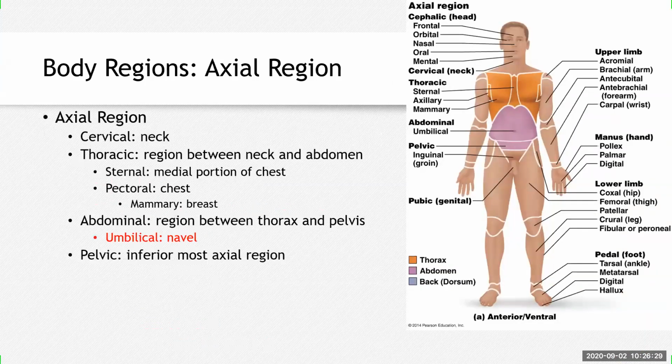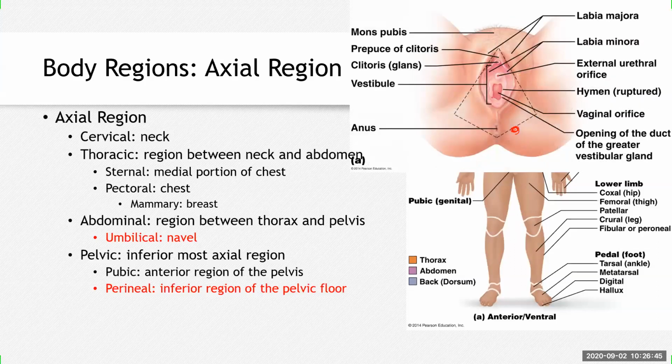All right, let's see what we have here. Why do I have umbilical? I'm pretty sure most of you know umbilical is over here, that's the umbilical region. This part I think is a little bit harder to understand. The perineal region is going to be the inferior side of your pelvic floor.